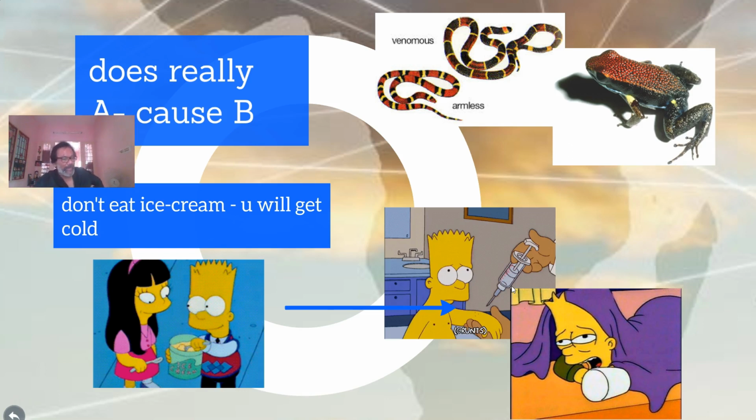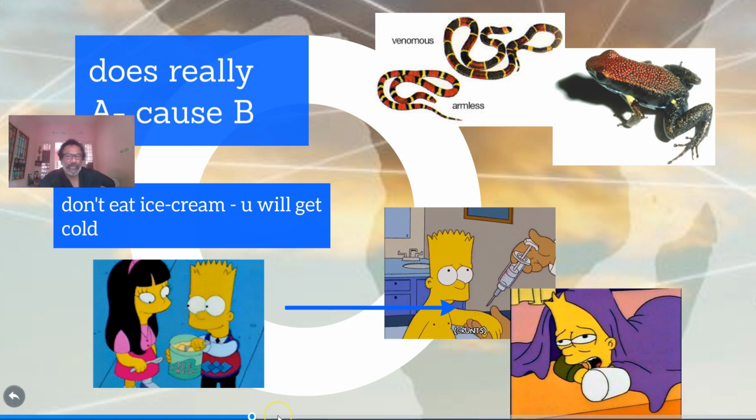The problem is we know that it is not always true. It's a far more complicated thing. Four of you go and eat ice cream and only one person gets a cold. There are hundreds of factors to say that this may not be true.